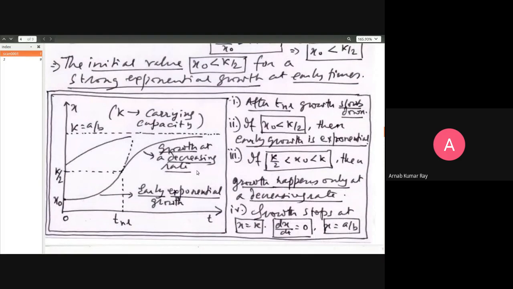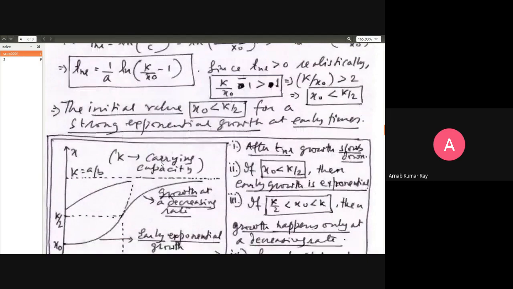If x naught is less than k by 2, if your initial value is less than k by 2, then the early growth will be exponential. Now you can very well ask me, I can anyway have the initial value to be higher than k by 2, right?